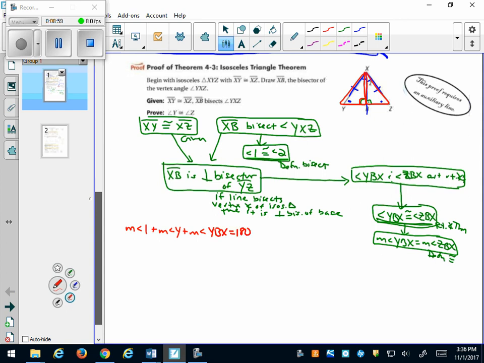And I'm going to put it in the same box, actually. The measure of angle 2 plus the measure of angle Z plus the measure of angle, the other one, ZBX, equals 180. I can put them in the same box because they have the same reason. Sometimes we don't want to do that, but that's the triangle sum theorem.